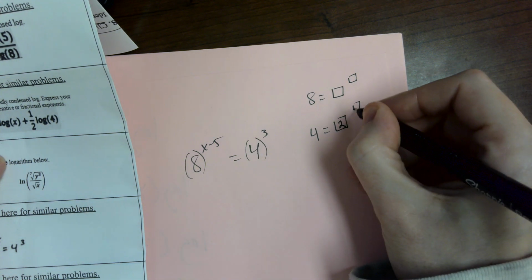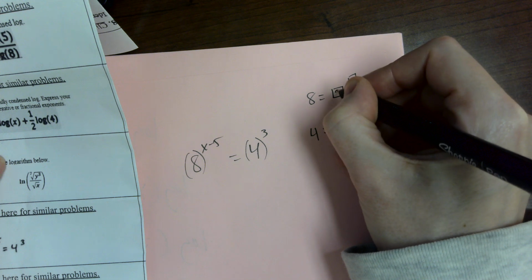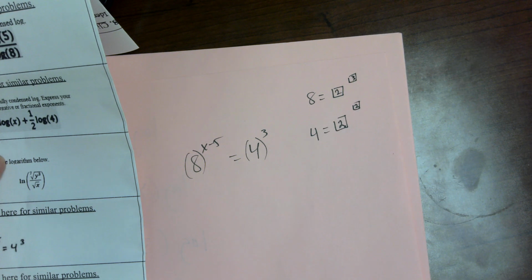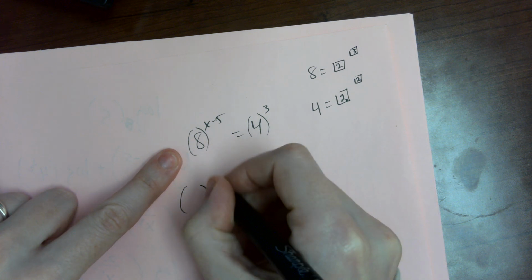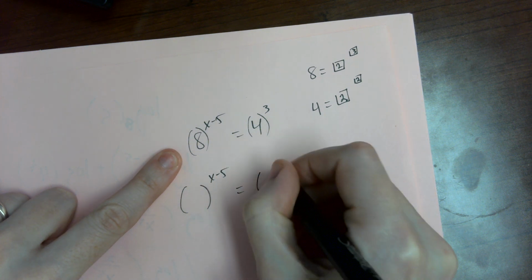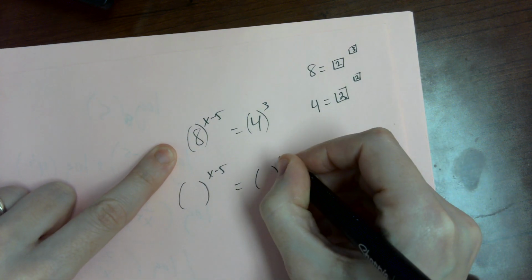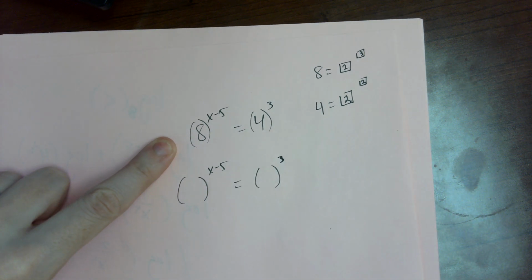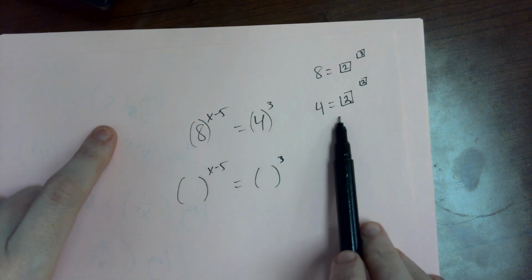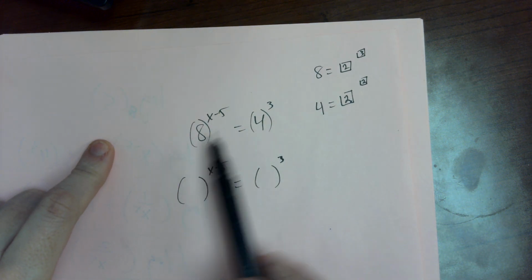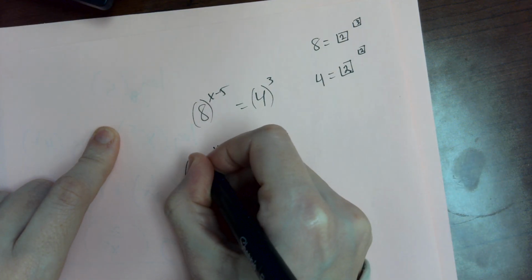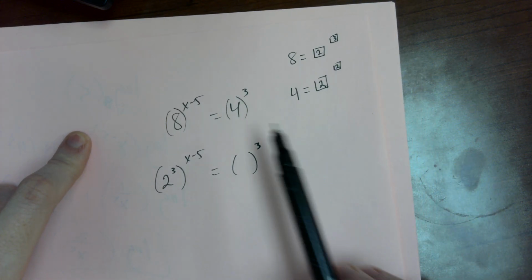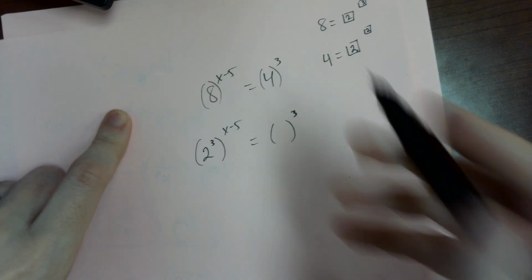So 4 is 2 to the second, and 8 is 2 to the third. Okay, so let me bring the sides down. According to our side work, we're allowed to replace 8 with 2 to the third, and we are allowed to replace 4 with 2 to the second.